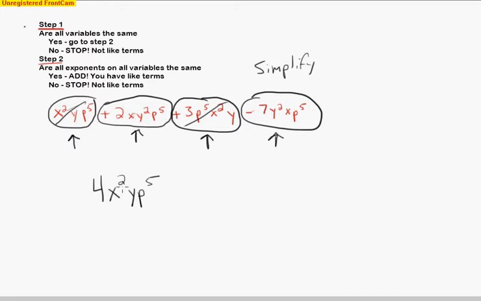If x squared, y, p to the 5ths were apples, these are oranges. So we've got a positive 2 and a negative 7 for a total of negative 5 x, y squared, p to the 5th. So what we did is we simplified this expression by adding the like terms.